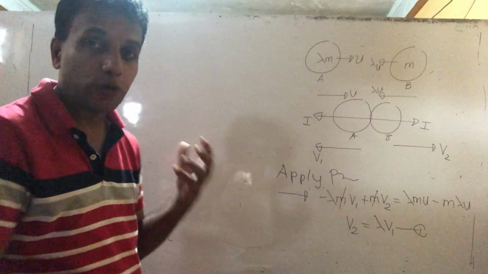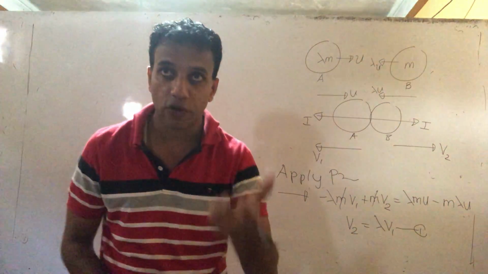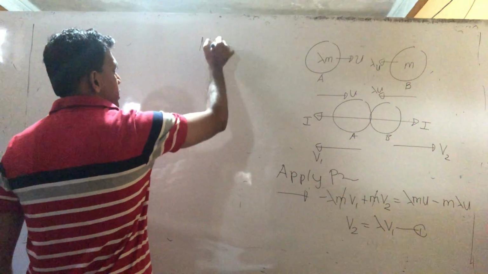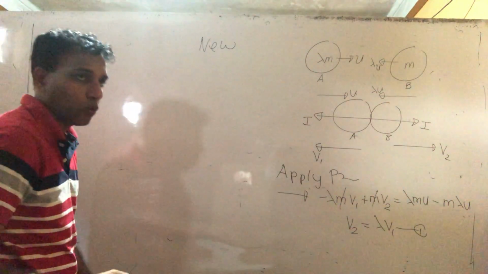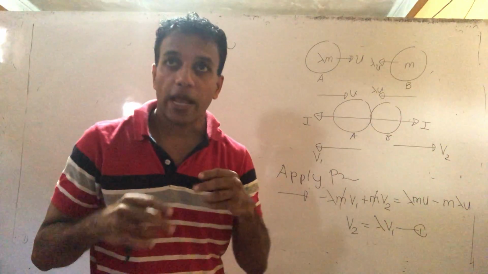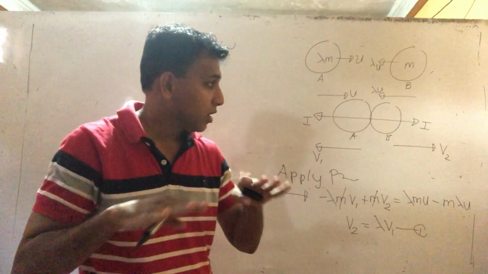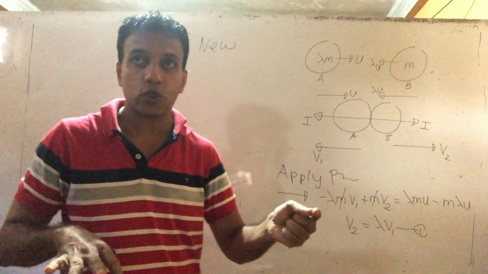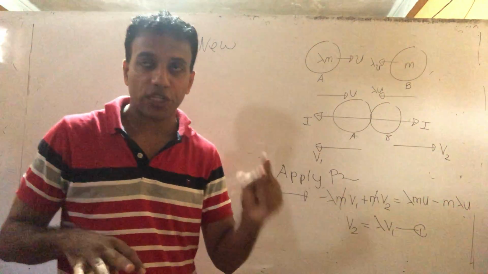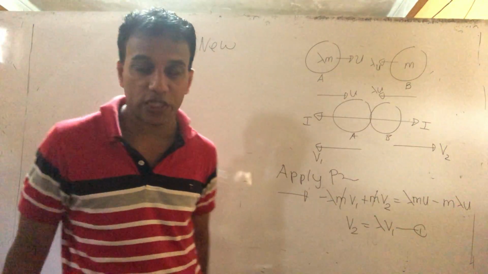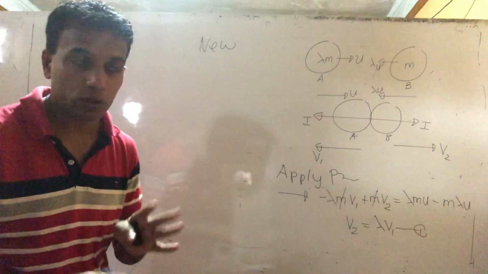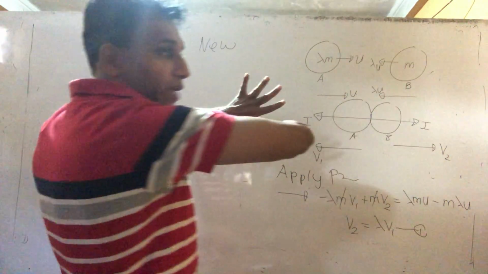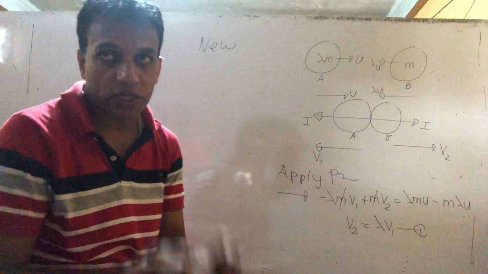Now we apply Newton's restitution law. What the law says: along the common normal, velocity of separation equals e, the coefficient of restitution, into approaching velocity. Relative velocities of both. Therefore separation, if both go apart, is the sum of the velocities.